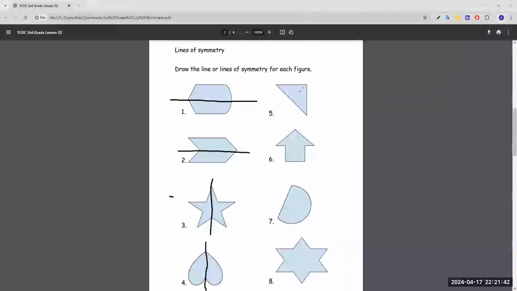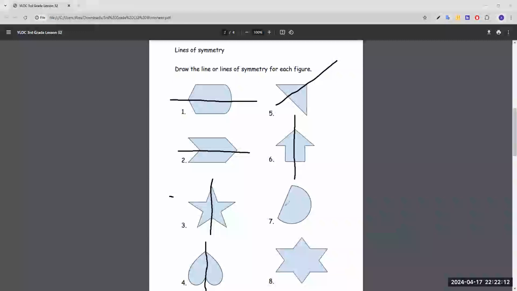But this time, to draw the line of symmetry, we're going to do it going up and down, like so. Because doing it the other way wouldn't work out. And this part and this part match exactly folded.